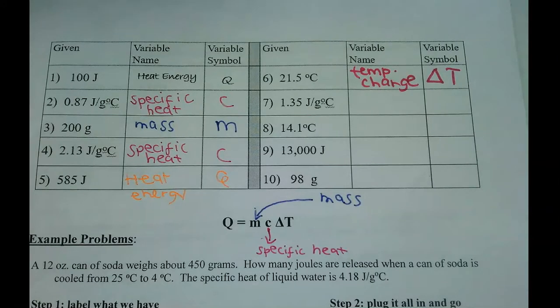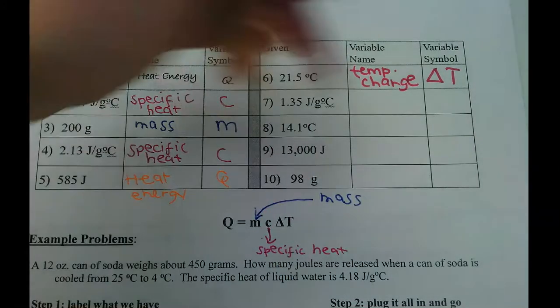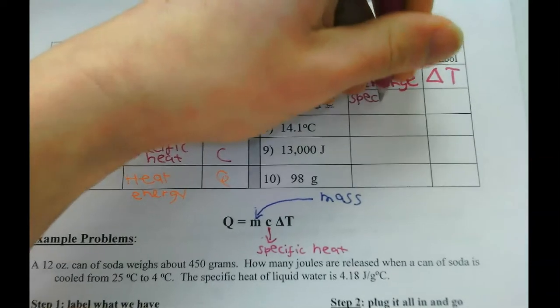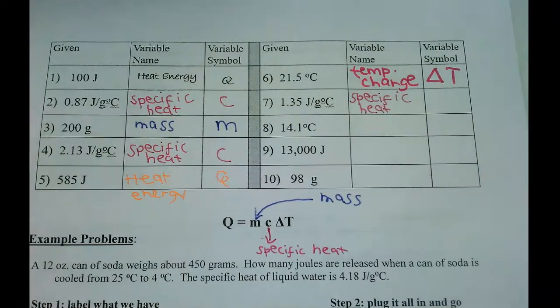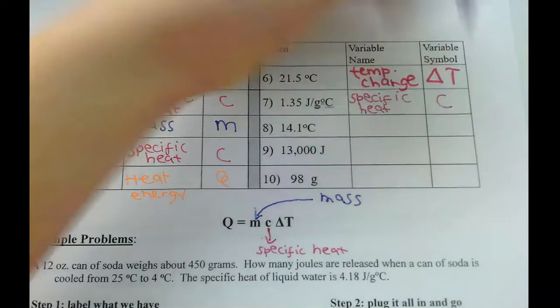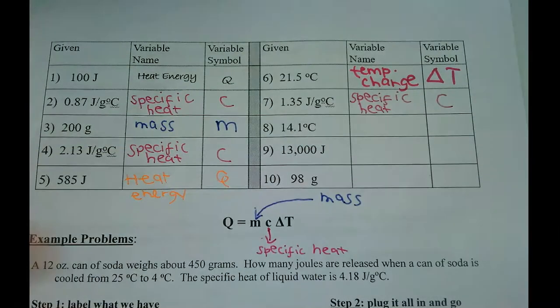Once again, we've got a specific heat, and that is our C. And then we have another delta T, a temperature change.